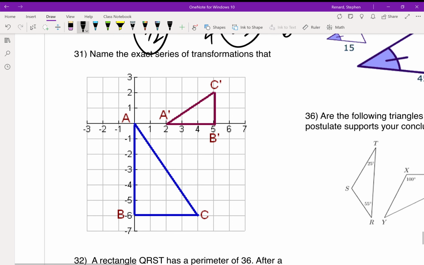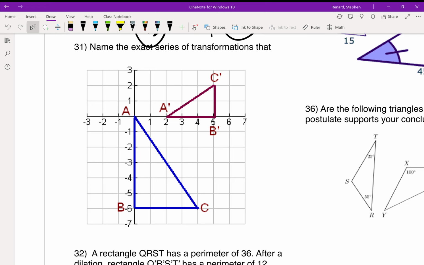Exact series of transformations. Whew. So again, we're going to need to rotate it up. That's ugly. So you'd need to rotate it up, shrink it, and then move it.